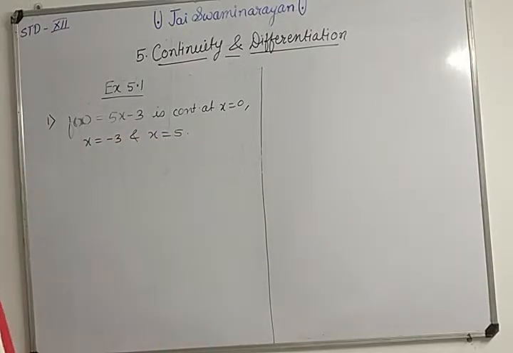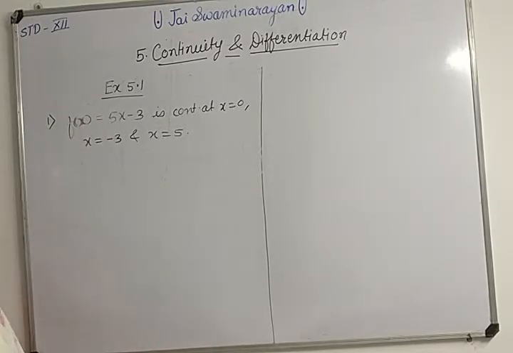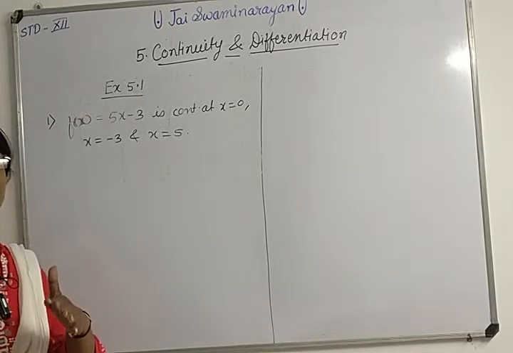So for all the three values, the function is continuous, that we have to prove. Prove means we have to show that LHL equals RHL equals the value of the function.